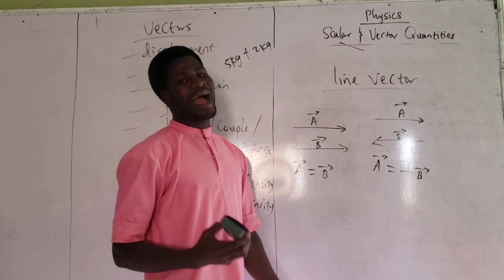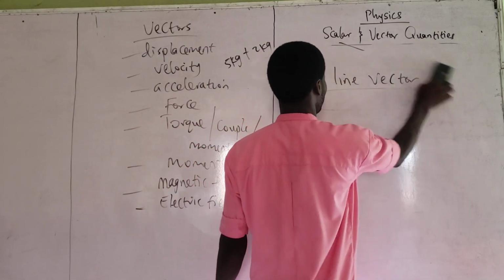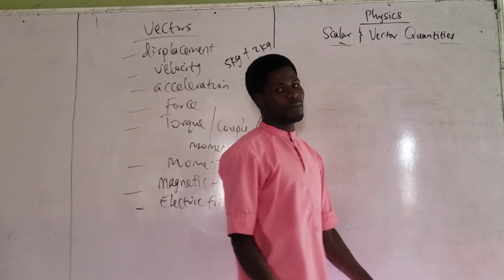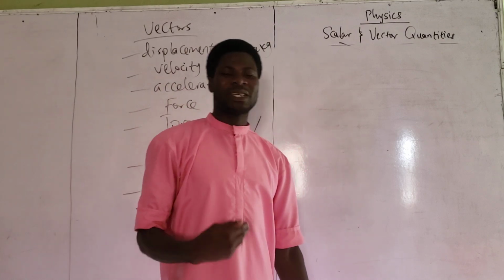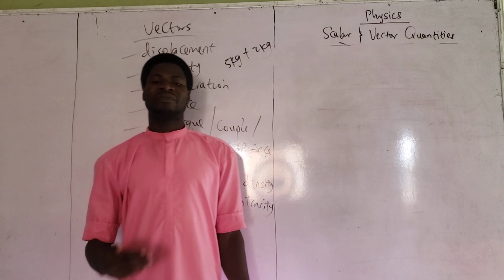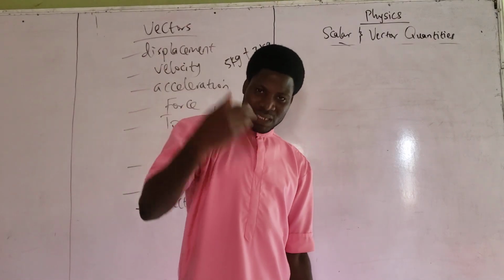Let's quickly look at addition and subtraction of vectors. How do we add two vectors together? How do we subtract two vectors? As I have said earlier, we don't need a special method to add two scalar quantities together. But for vector quantities, the direction must be considered.